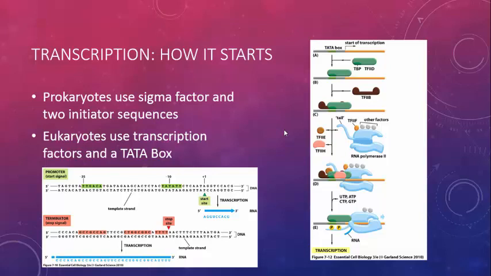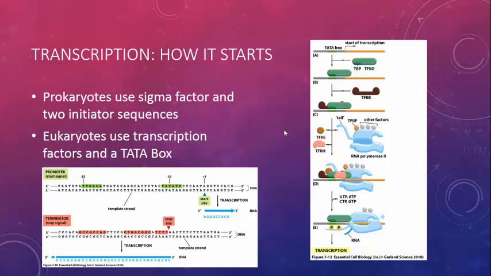In eukaryotes, the RNA polymerases need the assistance of several transcription factors instead of the simple sigma factor. The complex of the RNA polymerase and transcription factors is called the transcription initiation complex. Unlike the sigma factor, which helps guide the polymerase, in eukaryotes the transcription factors will actually sit on the promoter region, which helps direct the RNA polymerase.